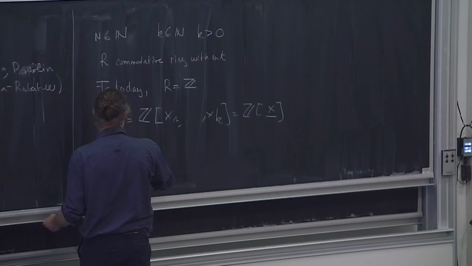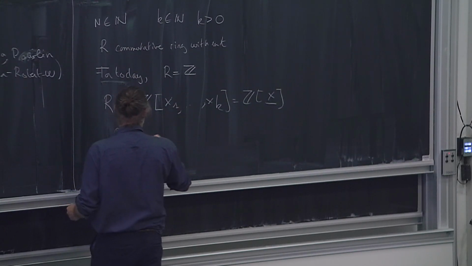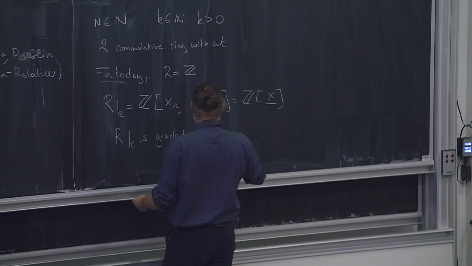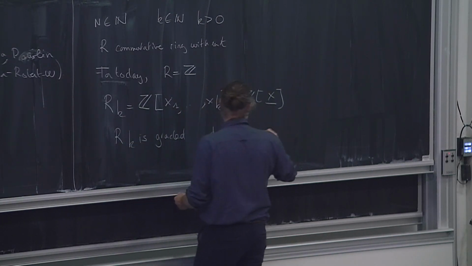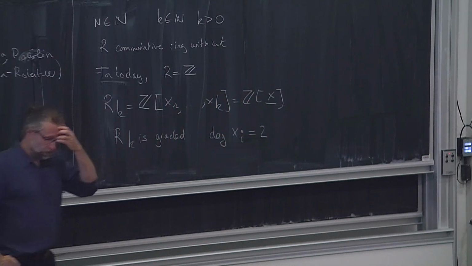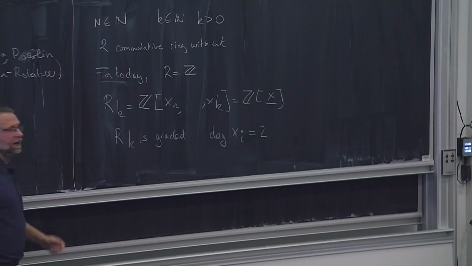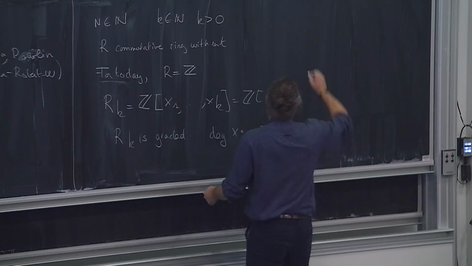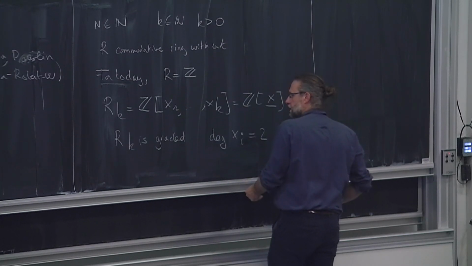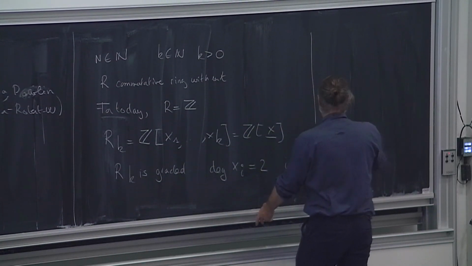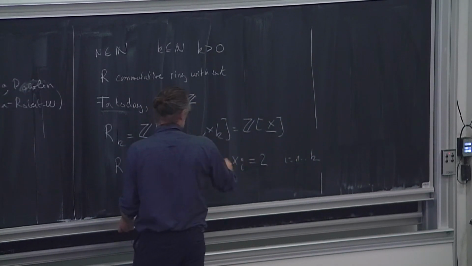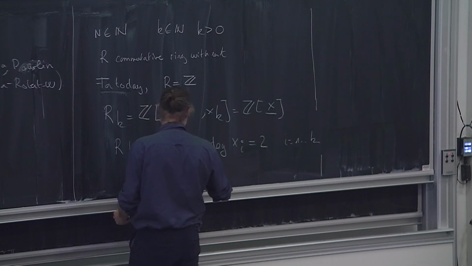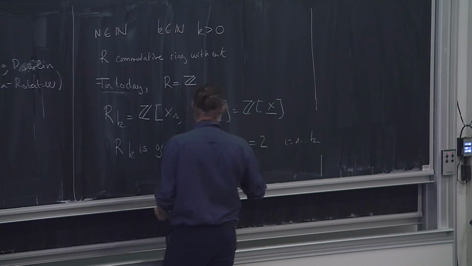So R_k is graded, and the degree you choose for the variable, you may complain, but that's traditional: x_i is of degree 2, and this is true for i equal 1 to k. This is what we call the Q degree or quantum degree.